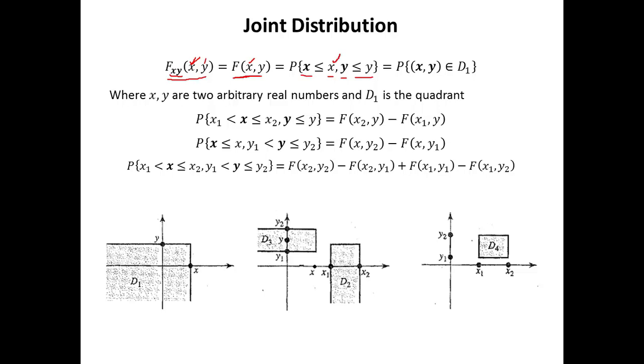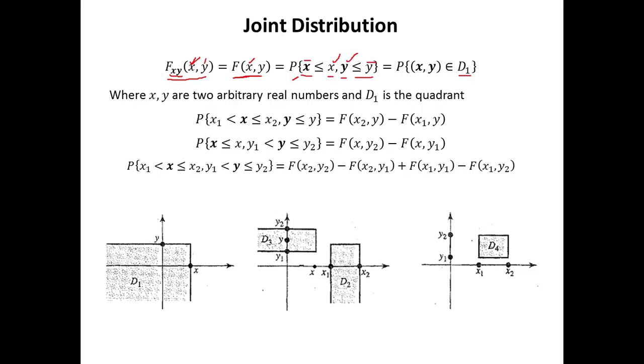Means x is the highest possible value that can be taken by random variable X, and y is the highest possible value that can be taken by random variable Y. So this probability will be the joint CDF of the random variables X and Y, and it is actually written as the probability that (X, Y) belongs to region D1, where this region D1 will be clear later on.